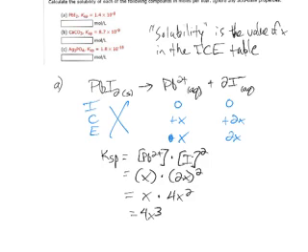Now in the problem they gave us the KSP for this salt, 1.4 times 10 to the negative 8th. So this whole expression is equal to 1.4 times 10 to the negative 8th.